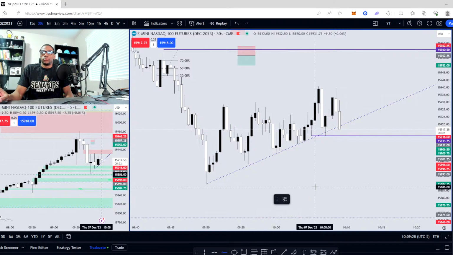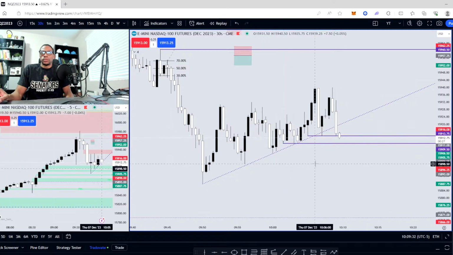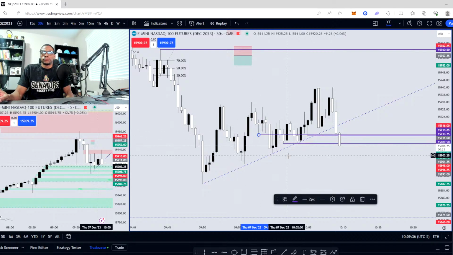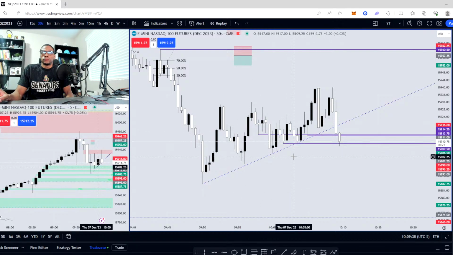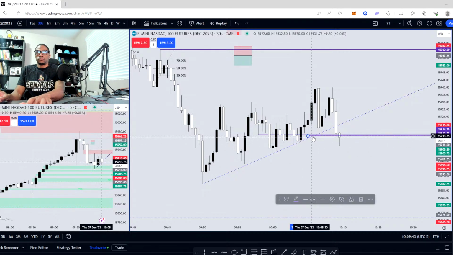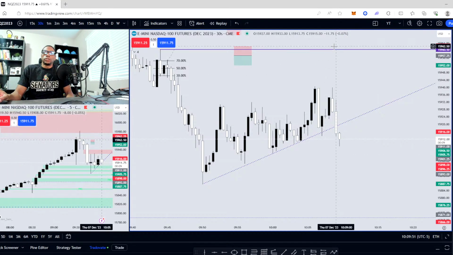We also had a sweep of a low here by one tick as well. We had this low swept. Therefore, if price continues upwards and takes out this purple line at the top at 15,960, we'll begin looking for longs.